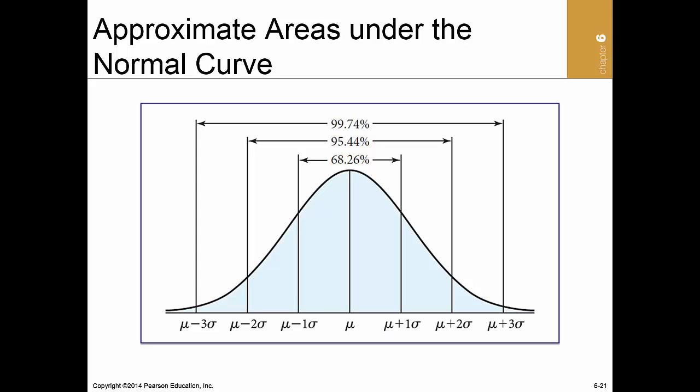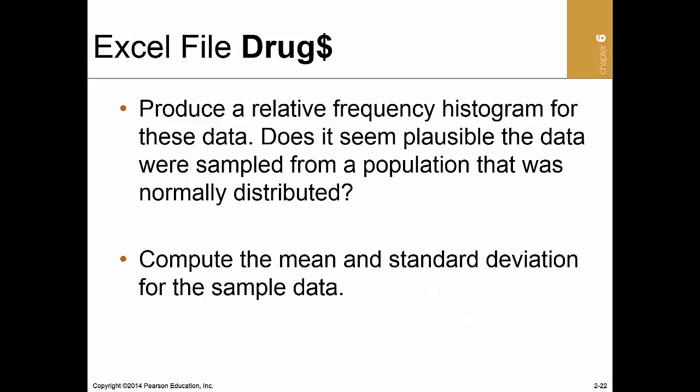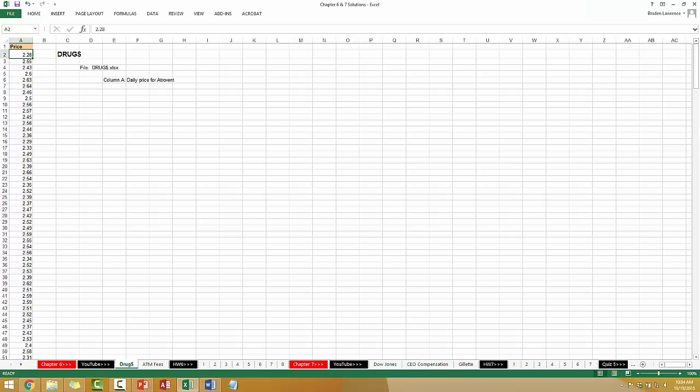Go ahead and open the Excel file drugs, and let's answer the following questions. Alright, so let's create a frequency distribution and frequency histogram by using the same methods we've done in Chapter 2.